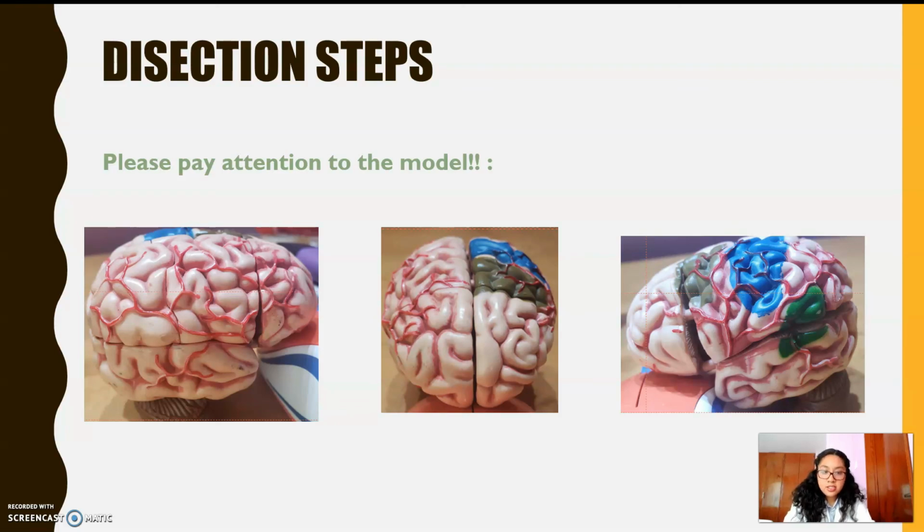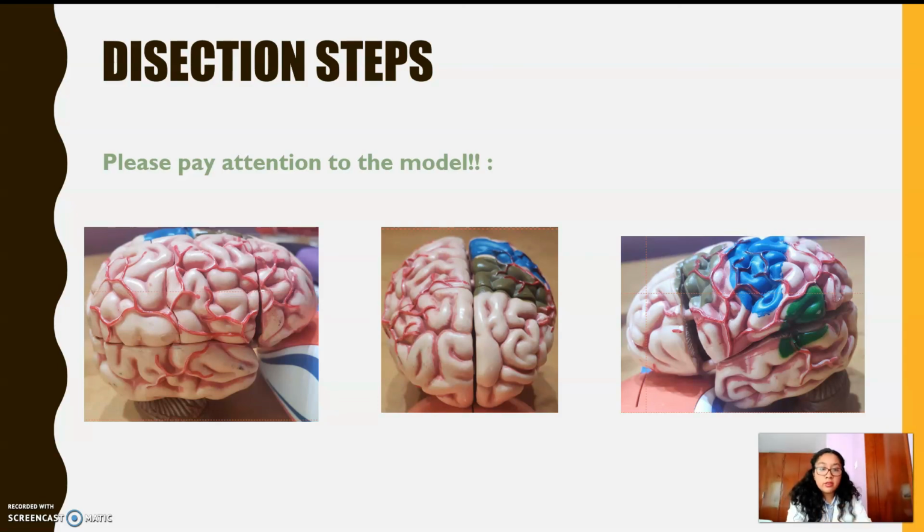Okay, the dissection steps. We will make three different cuts today. One will be a median cut right here, so we can see the structure inside the brain. We will see something similar to this.